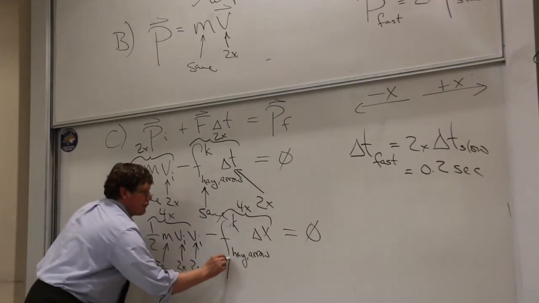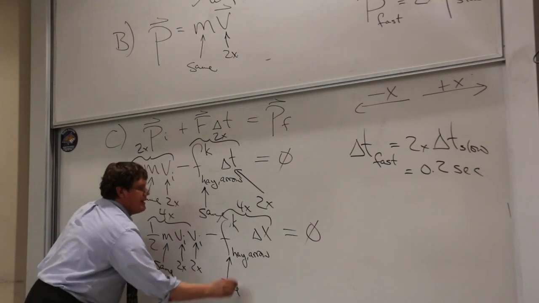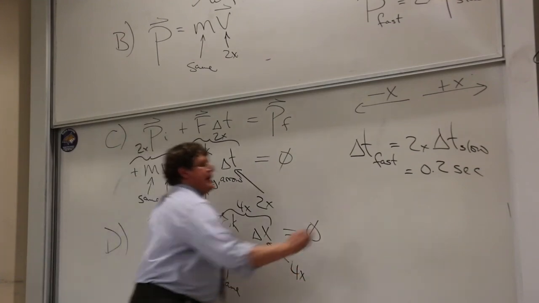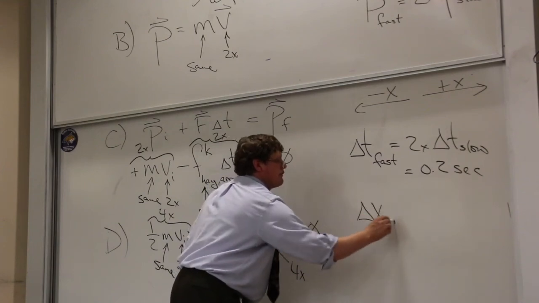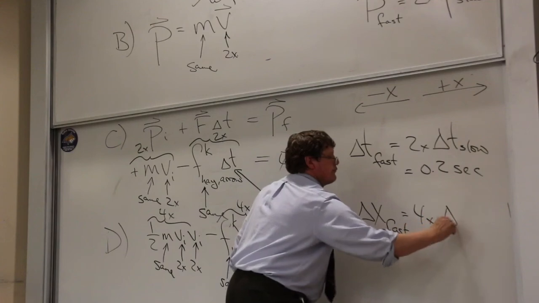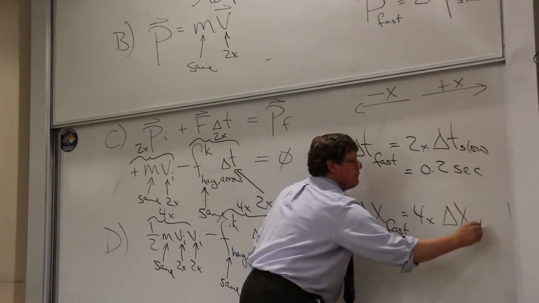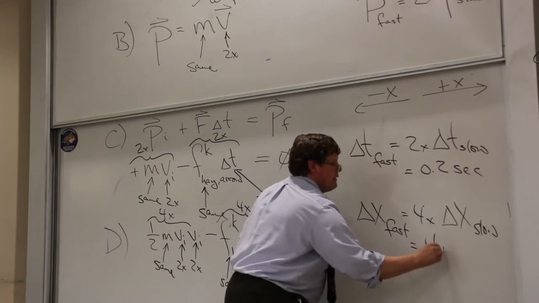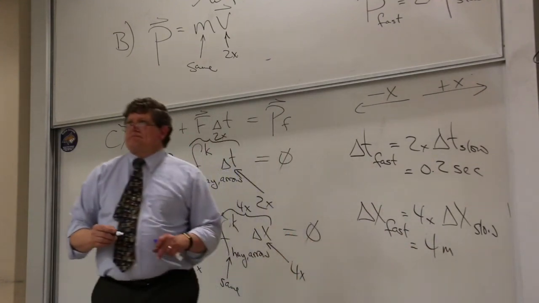Since the friction force stays the same, that means the distance has to get 4 times bigger, and the distance traveled for the fast arrow will be 4 times the distance for the slow. Since the slow went 1 meter, this would go 4 meters.